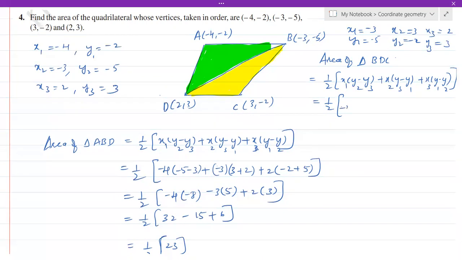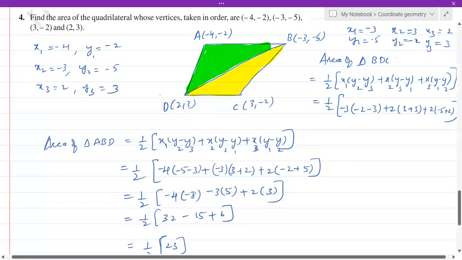So x1 is minus 3, y2 is minus 2, minus y3 is 3, plus x2 is 2, y3 is 3, minus y1 is minus 5. So minus of minus will become plus. x3 is 2, y1 is minus 5, y2 is minus of minus, it becomes plus.